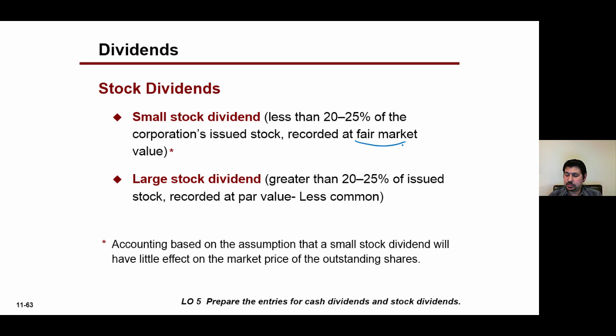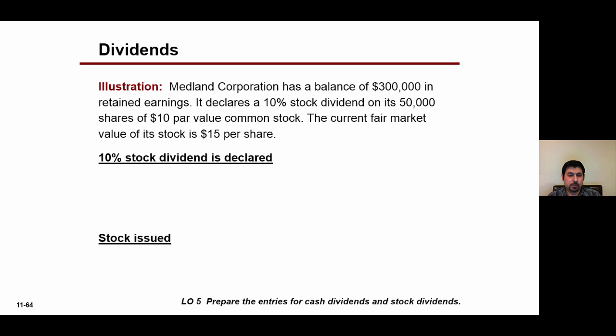So Medland Corporation has a balance of $300,000 in retained earnings. It declares a 10% stock dividend on its 50,000 shares of $10 par value common stock. The current fair market value of its stock is $15 per share.